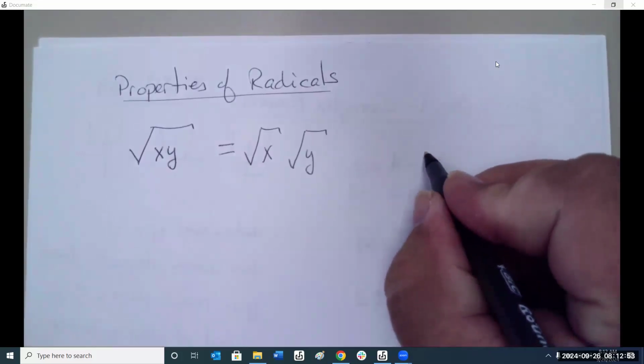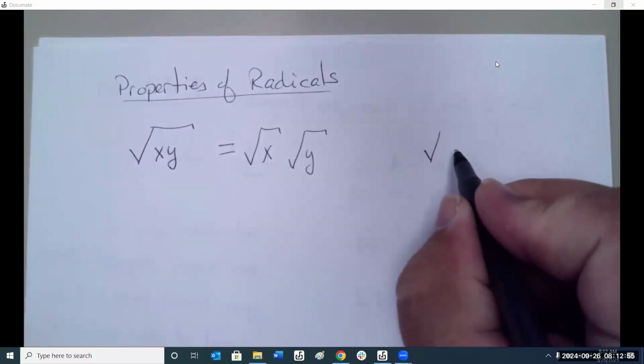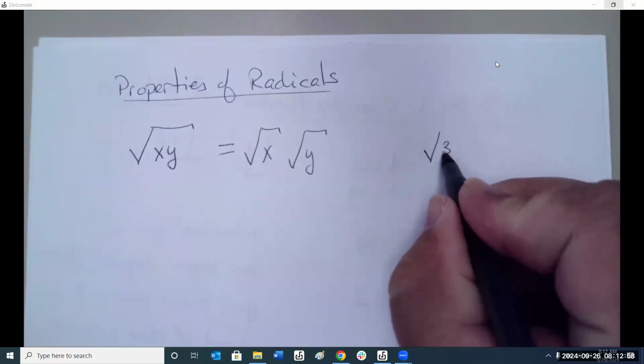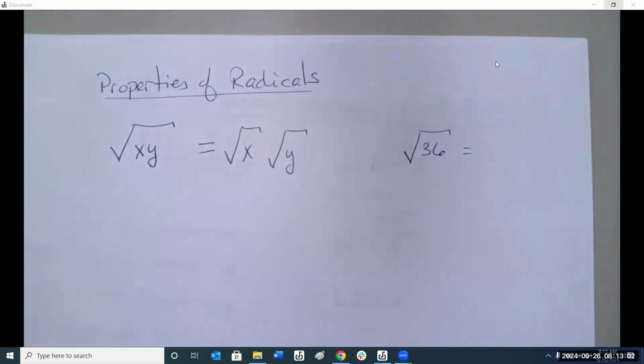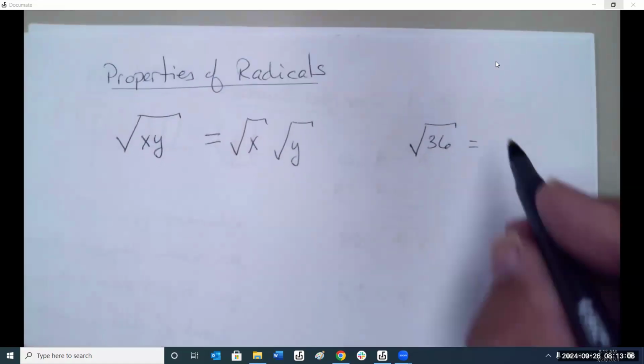Here's an example. Square root of 36. We know what that is already. Let's see how it works using this rule.